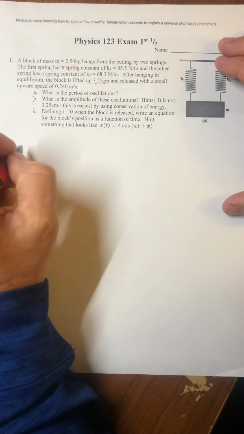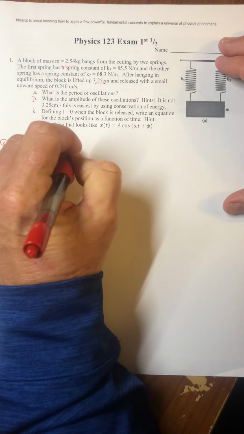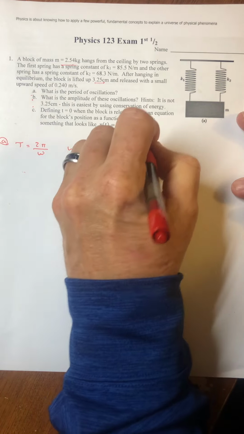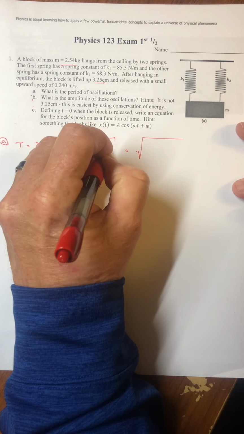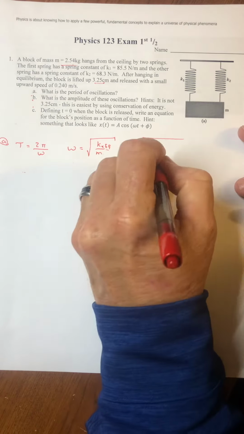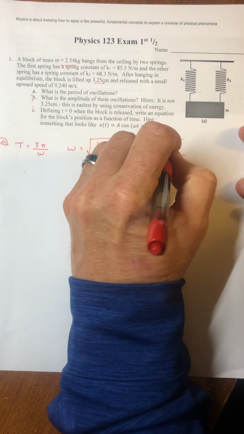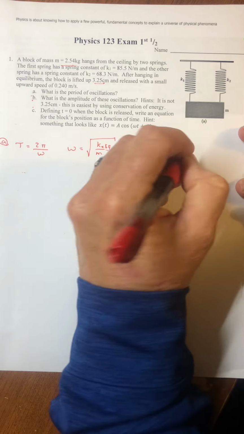It asks for the period, and the period is 2 pi divided by omega. If you remember working these out in class, omega is the square root of k over m. And if you remember the two springs in parallel, the equivalent, or effective, spring constant is the two added together: 85.5 plus 68.3.